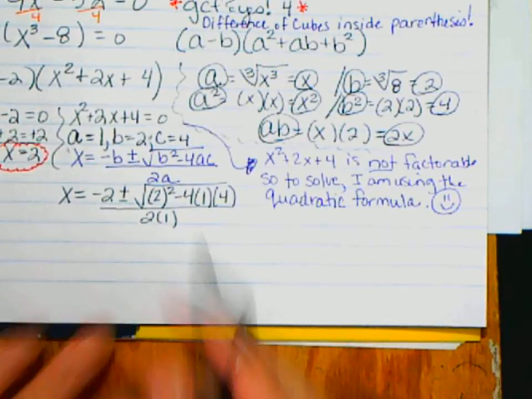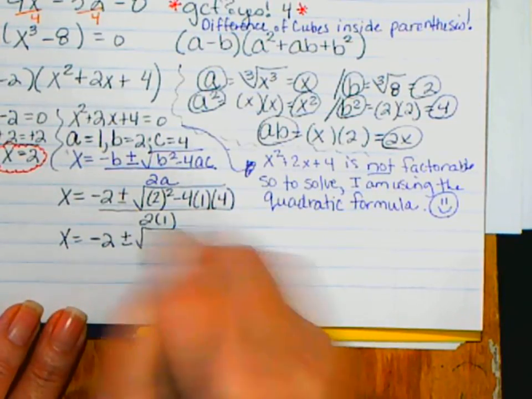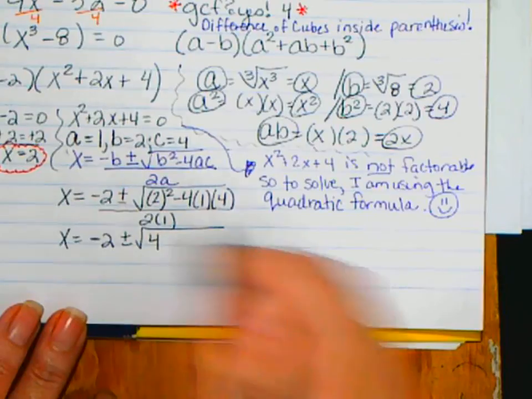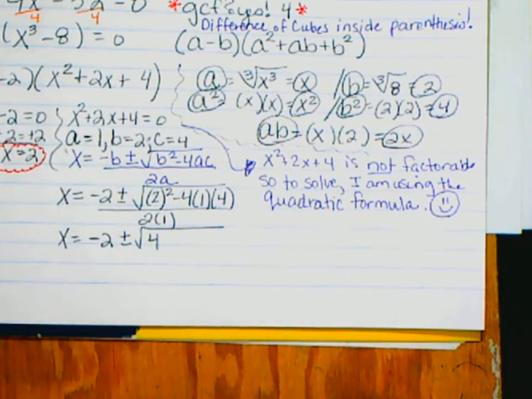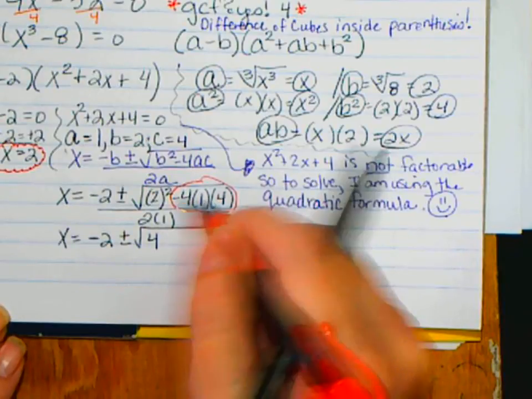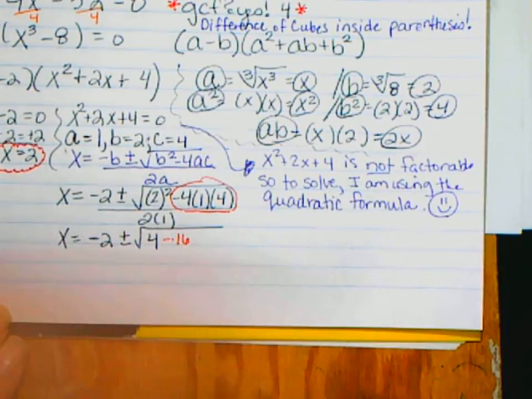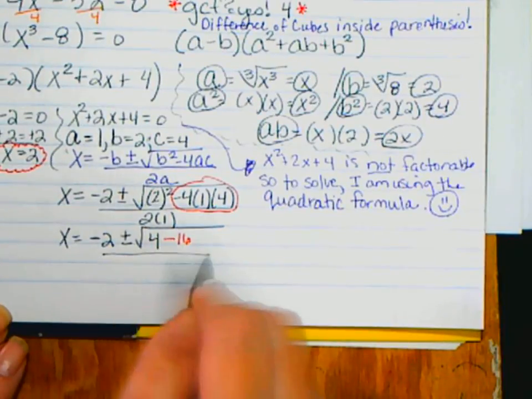Then I'm just going to simplify. X equals negative 2 plus or minus 2 quantity squared is 4. And then minus 4ac. Minus 4 times 1 is negative 4. Negative 4 times positive 4 is a negative 16. All over 2.